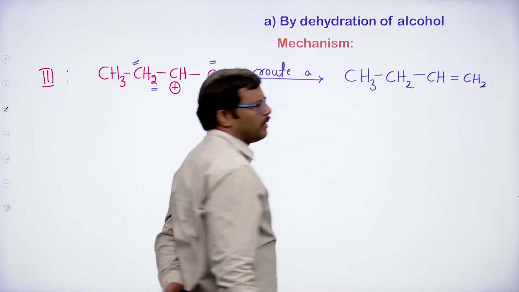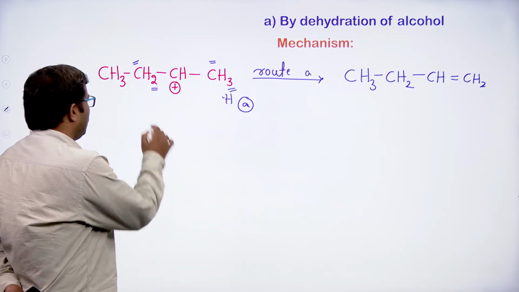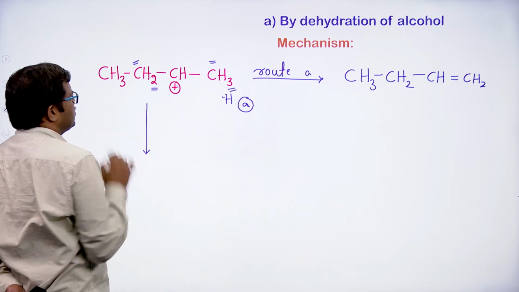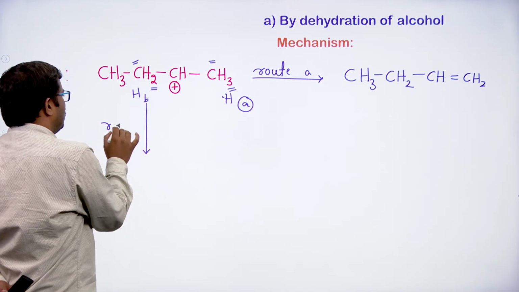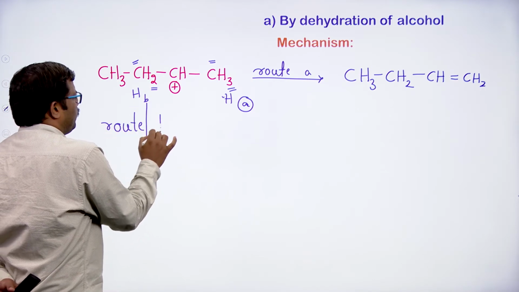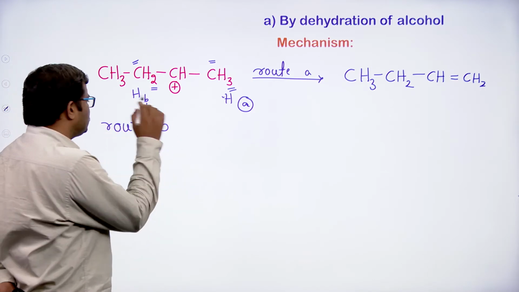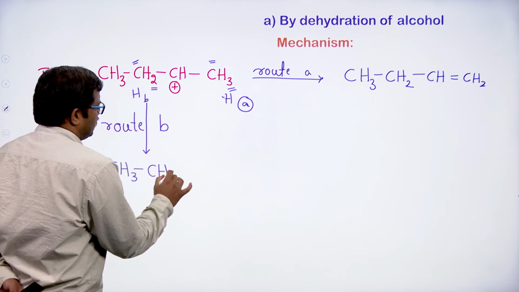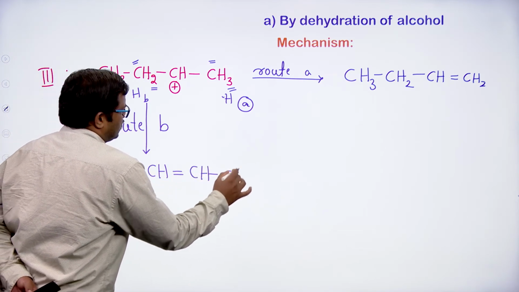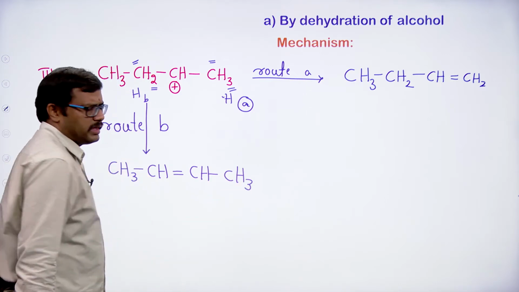So, we get one product as an alkene. The other side, let us say the proton is lost here, and this is route B. According to route B, if the proton is lost, what we get is CH3, CH double bond CH, CH3. So, we get this as a product.